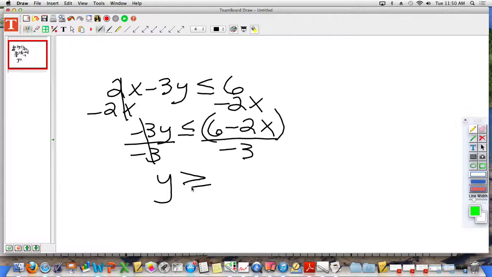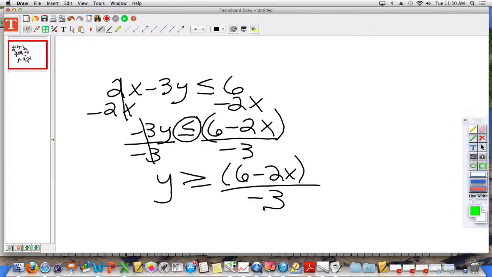So no longer will your sign be less than or equal to, it will say greater than or equal to. So in this case, you are graphing y is greater than or equal to (6 minus 2x) divided by negative 3. We have talked about this before, not a lot, but a few different times.